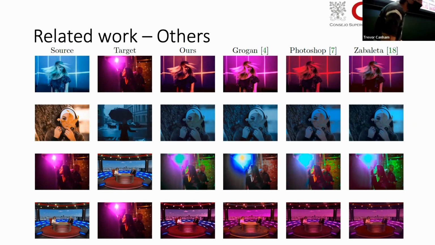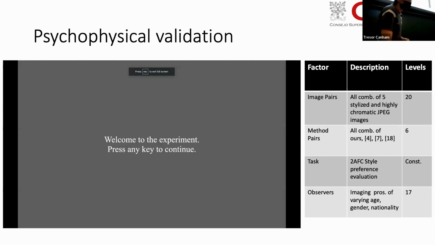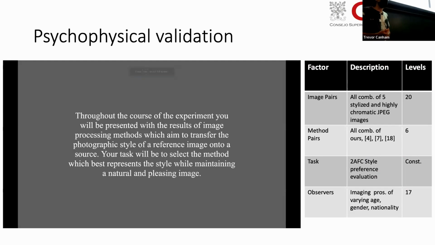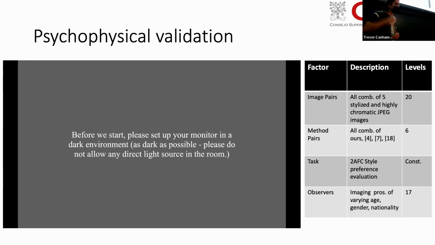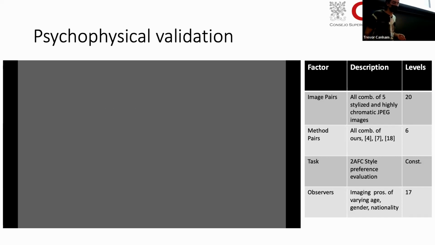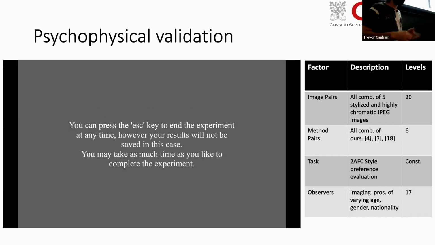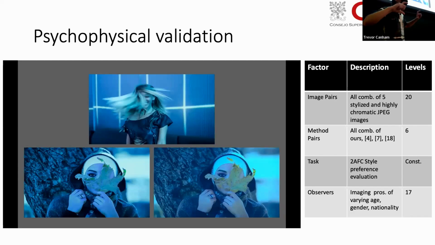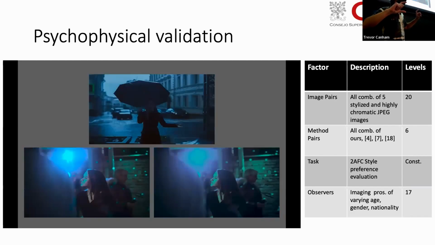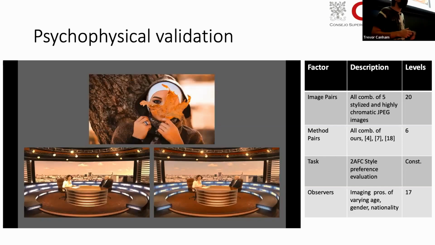So we went on to conduct a psychophysical user study to compare the results of these methods, which we'll get more into the differences between them in relation to that. So we conducted an online experiment, which I'm doing a quick demo of here on the screen, where observers were presented with a style image on top and then two results of two style transfer methods compared to each other.